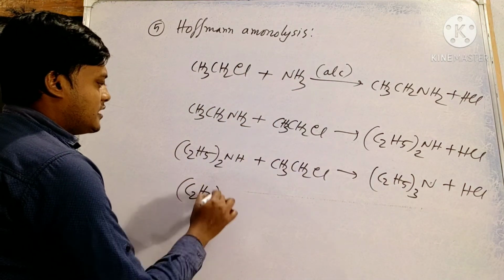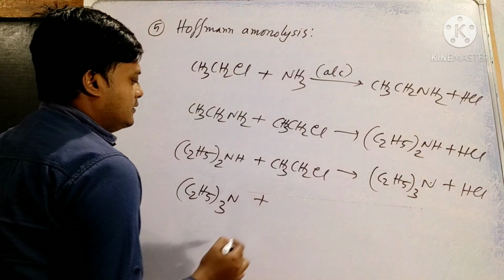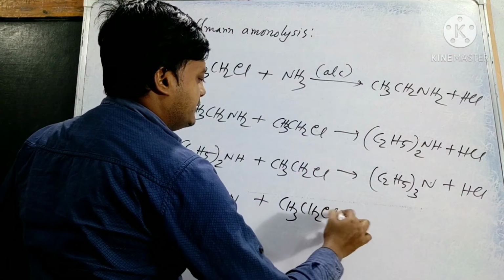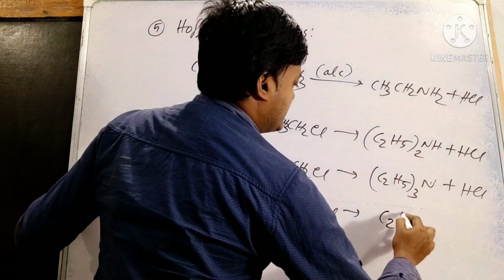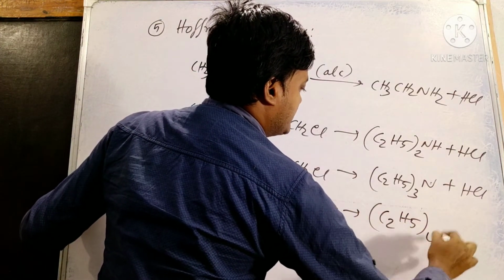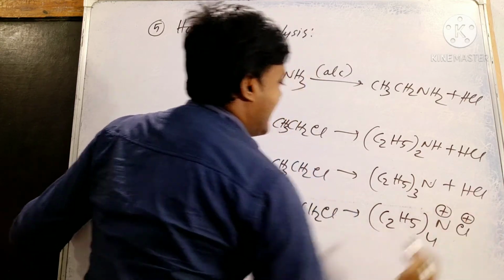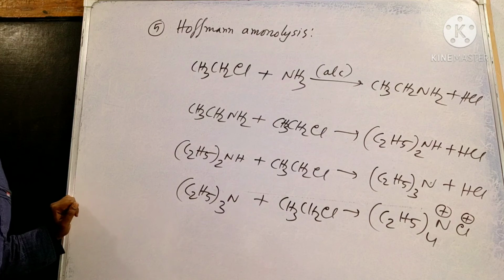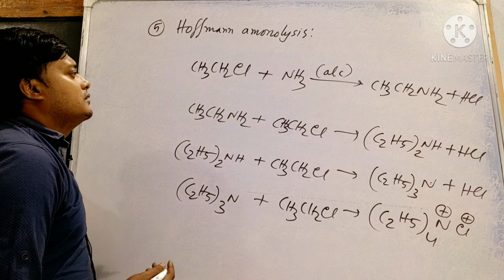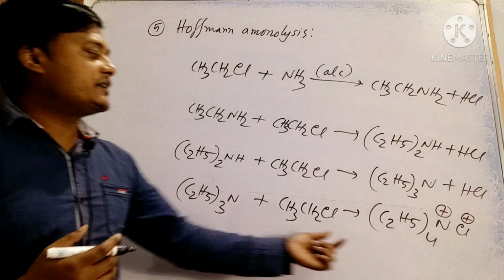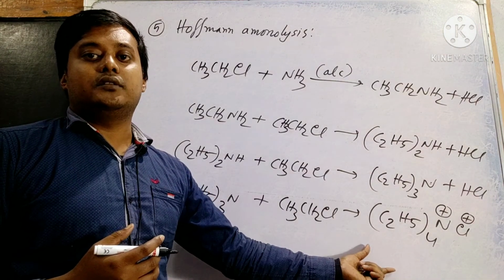Again, triethylamine reacts with another ethyl chloride to form that quaternary ammonium salt. So in that way, ammonia reacts with alkyl halide. The ultimate product is the quaternary salt.